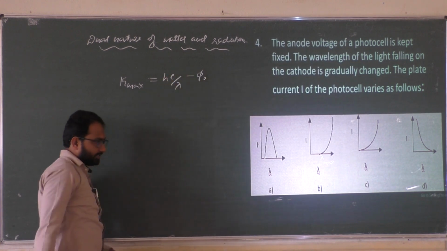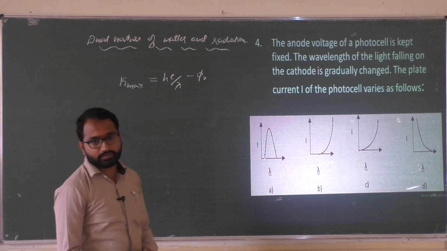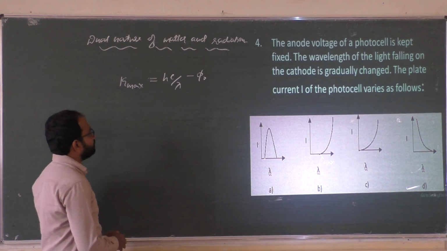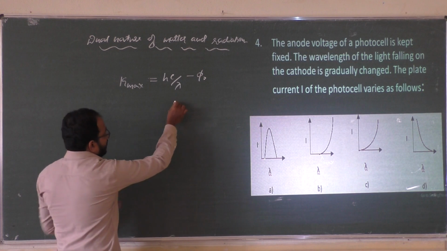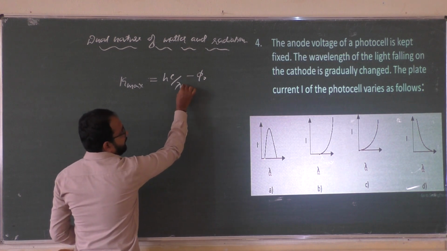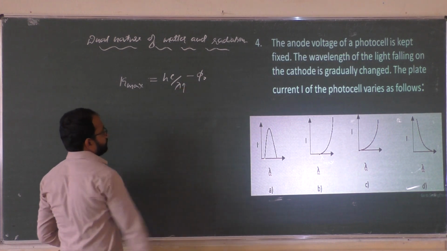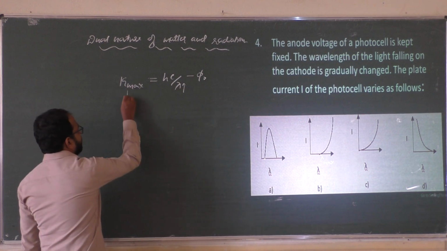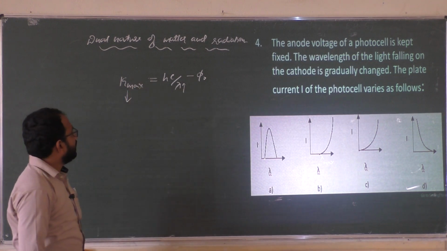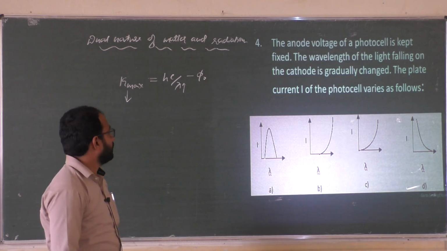Phi naught is the work function and it is constant for that particular photosensitive material. If you increase the value of lambda, what happens to the maximum kinetic energy of emitted photoelectrons?